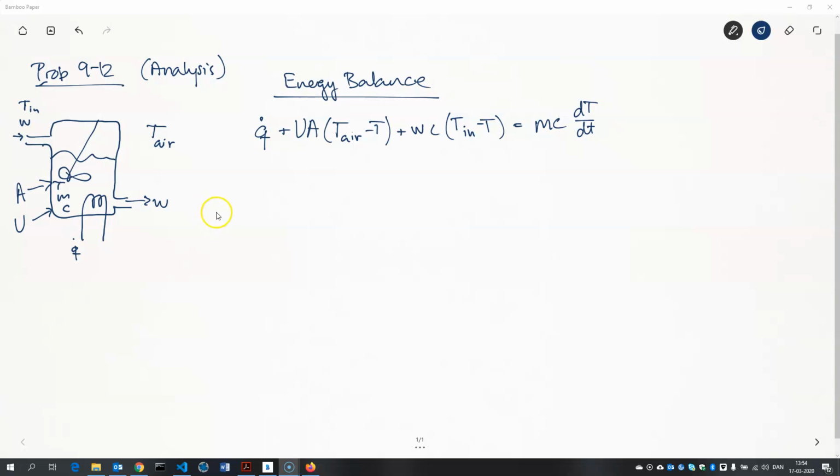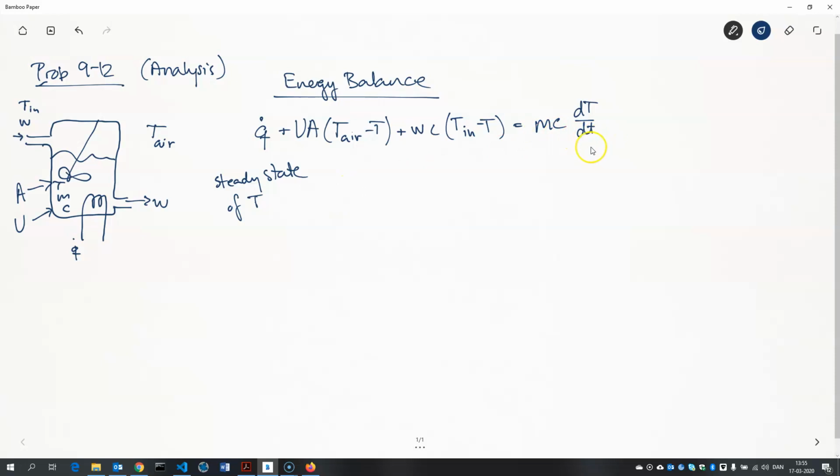First of all, I would like to find the steady state value of the temperature. What will the temperature settle at? And when I say temperature, I mean the temperature of the contents of the tank. So how do we do that?